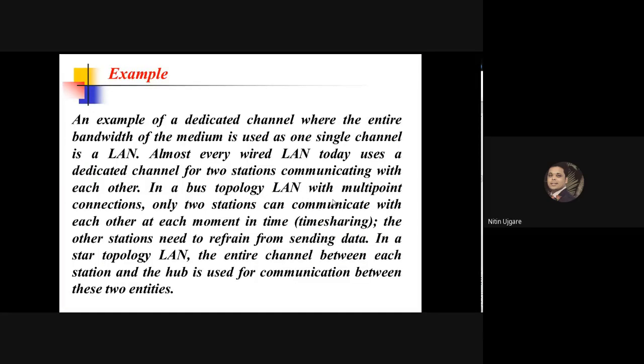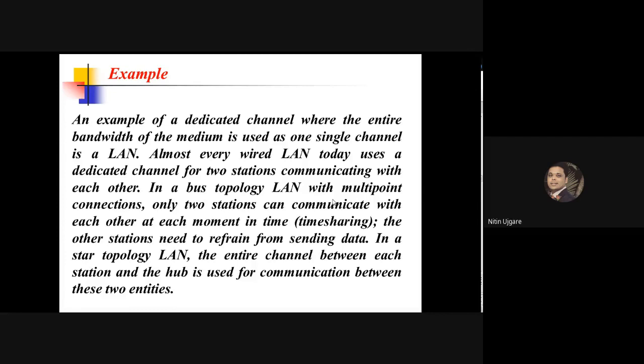An example of a dedicated channel where the entire bandwidth of the medium is used as one single channel is the LAN. LAN is the best example demonstrating low pass baseband transmission media. Almost every wired LAN today uses a dedicated channel for two stations communicating with each other. Typically in a bus topology LAN with a multipoint connection, only two stations can communicate with each other at any moment in time.